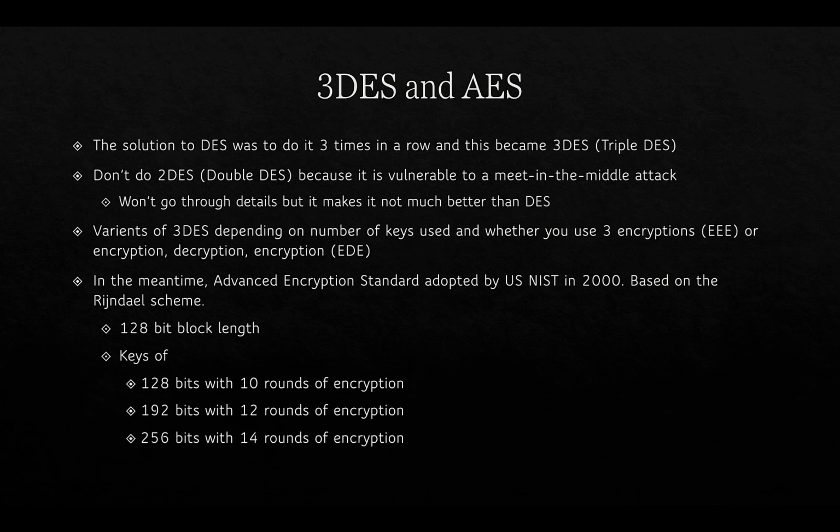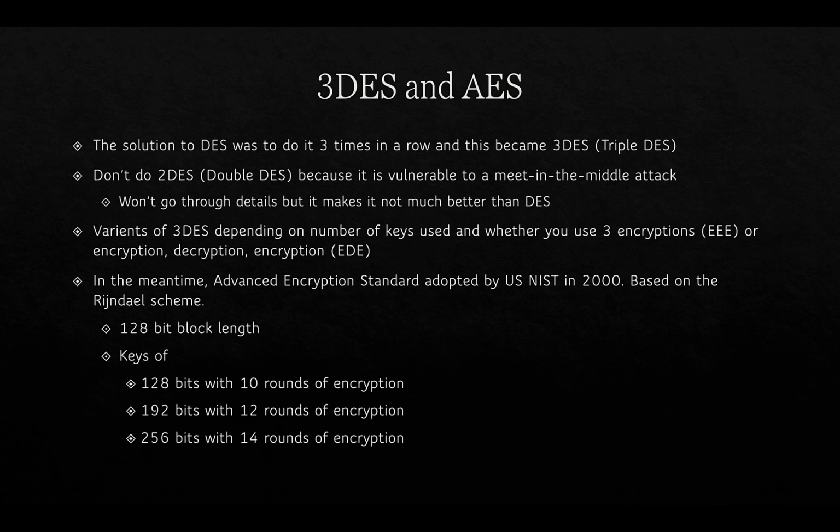So the point to remember there is why double DES is not effective. There are variants of triple DES depending on the number of keys, and there is a variant where you do an encryption, then a decryption, and then another encryption. It's sort of counterintuitive, but that works in a different way, yet as effectively as 3 encryptions in a row.